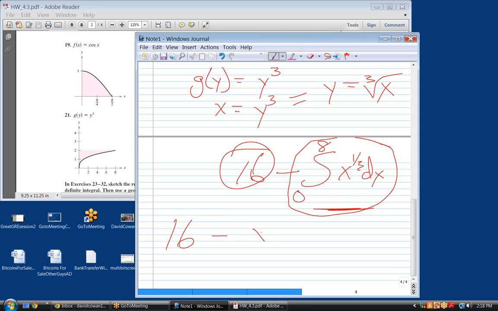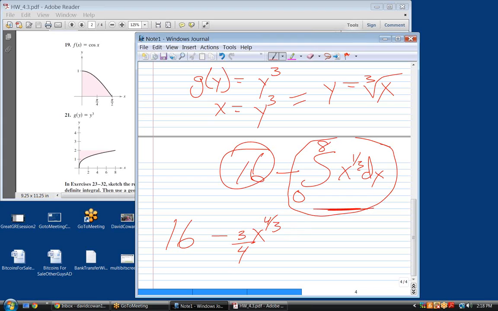First step is add 1. It's 4/3, over x to the 3/4. In other words, you divide by the new exponent, which is the same as multiplying by the inverse of that new exponent.